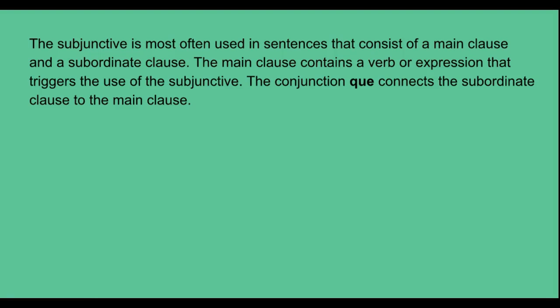And that verb or expression will be a clue that you'll need to use the subjunctive in your second clause, which is the subordinate clause. We'll use the conjunction que, Q-U-E, which usually means that, to connect the two clauses.